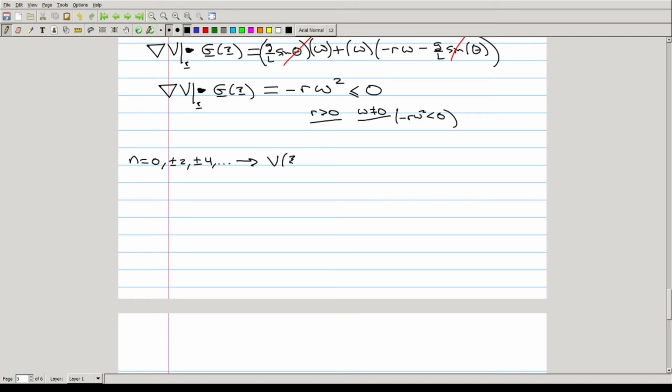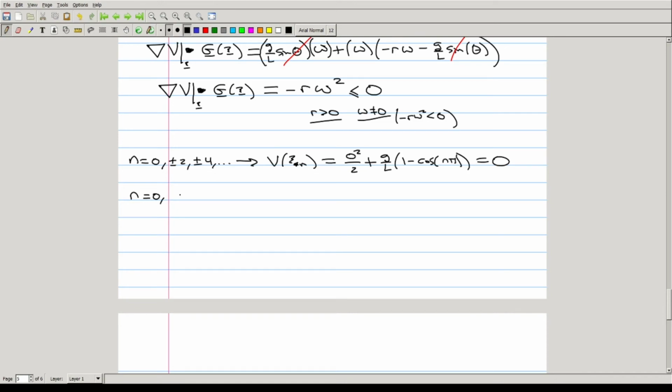V of xi star n is going to be 0 squared over 2 plus g over L times 1 minus cosine of n pi, which is equal to 0 for even values of n. And for odd values of n, we don't get as lucky.